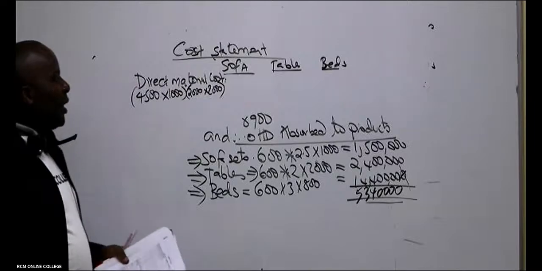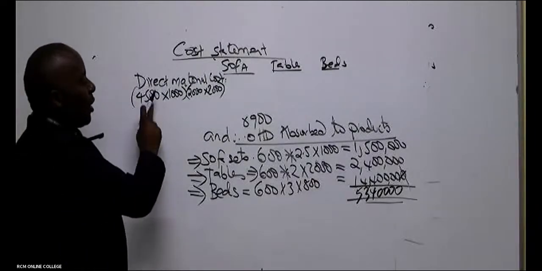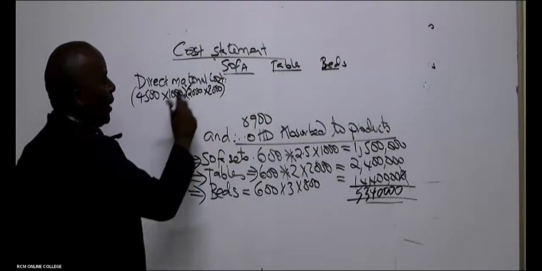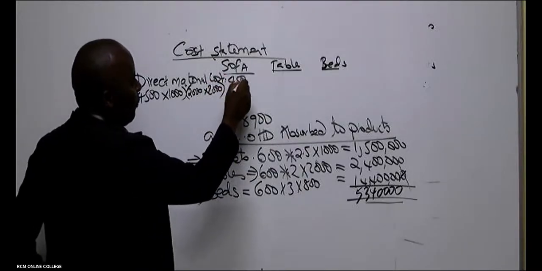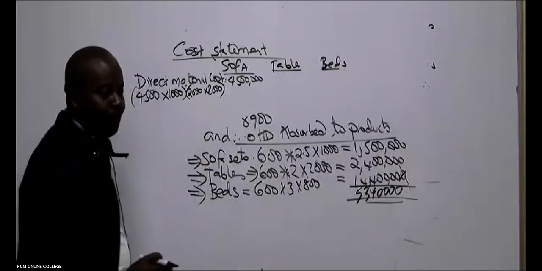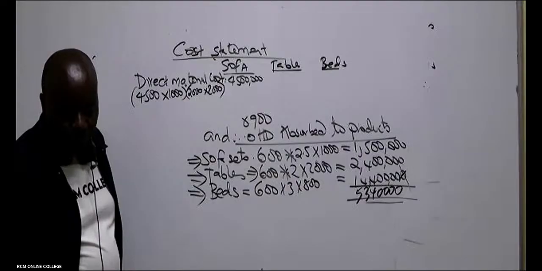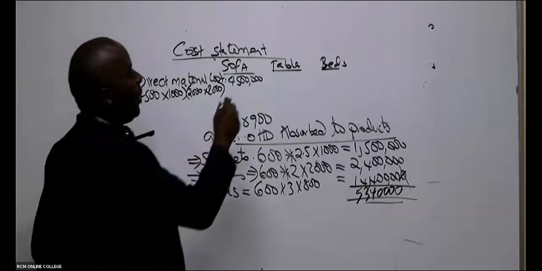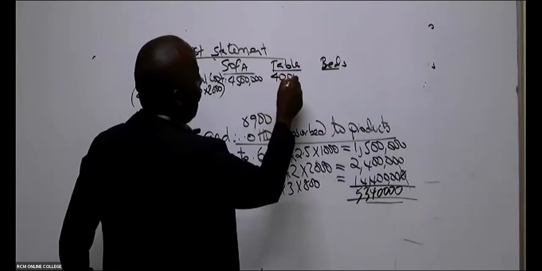All right. Then give me the direct material cost for sofa sets first. 4,500 times 1,000. Is there somebody who is able to see 4.5 million? Yes. Then 2,000 times 2,000 is 4 million. And are you able to see the value for beds now?